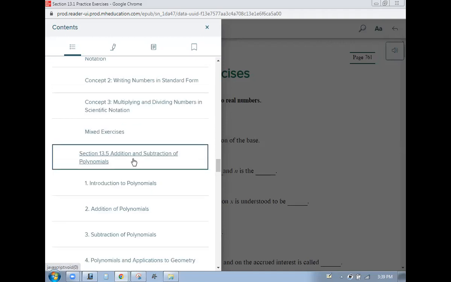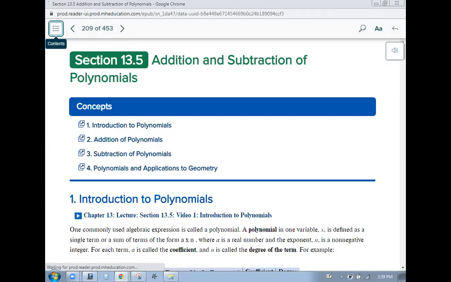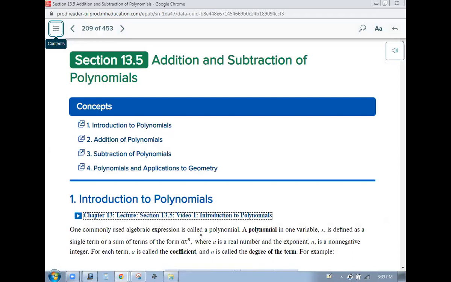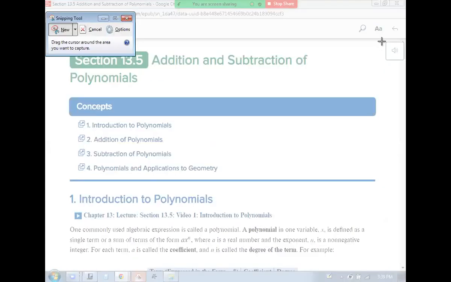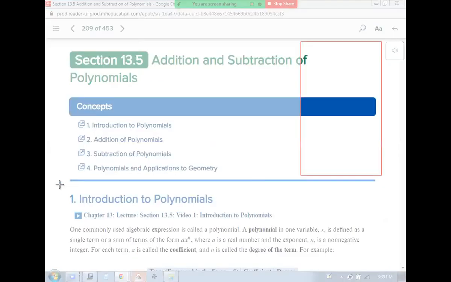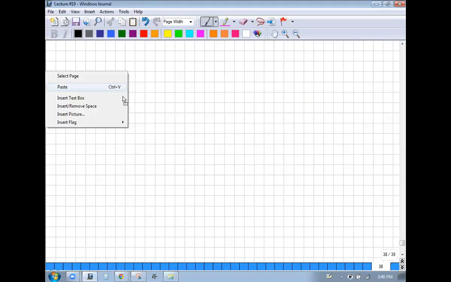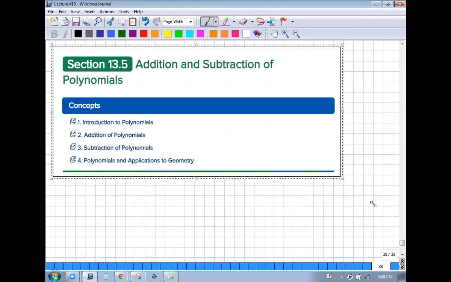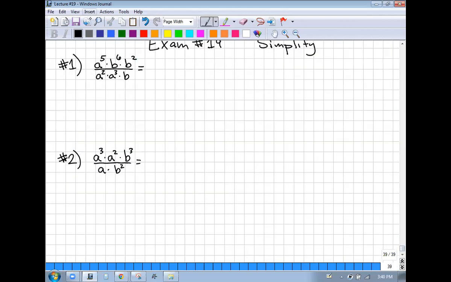There it is, 13.5, addition and subtraction of polynomials. So this is what we're going to be doing next. So these are pretty easy compared to a lot of this stuff.